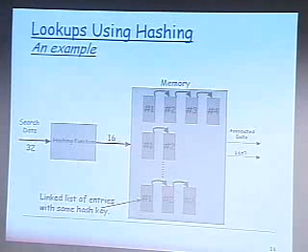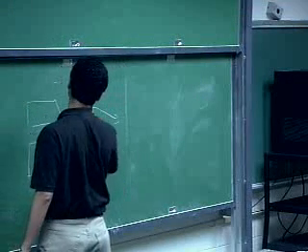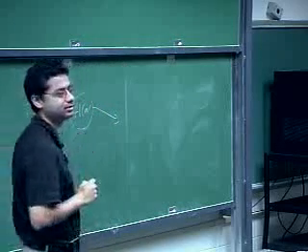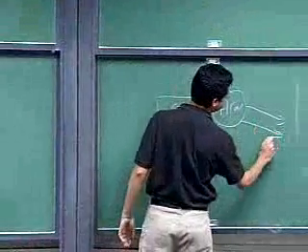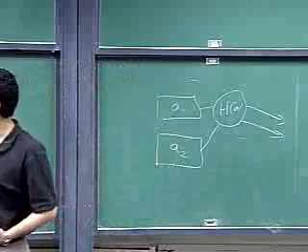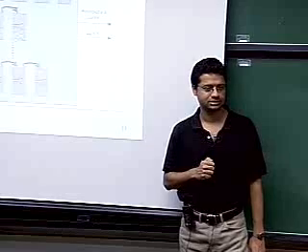So for lookups using hashing, you have a hash function which operates on the address, and it gives you some results. Now, if you had a perfect hash function, then you will have no collisions in the result, right?